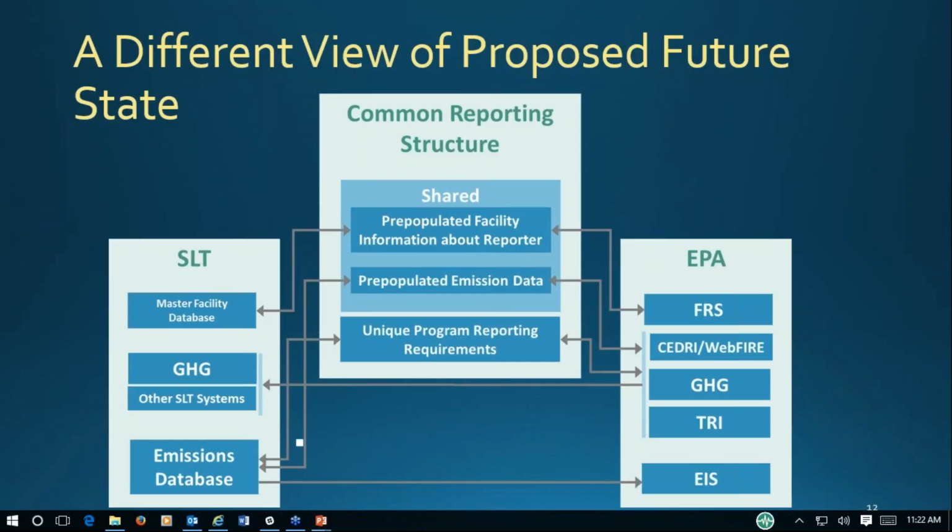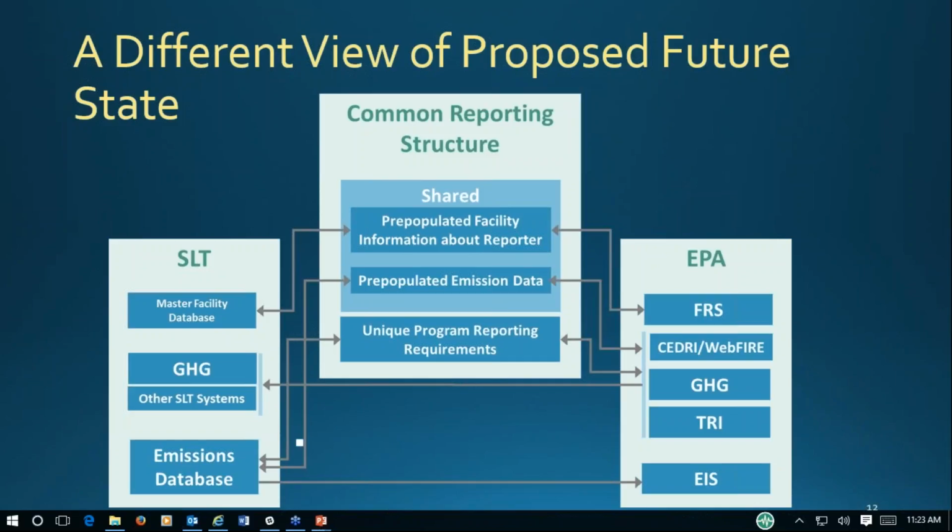So we're going to share between the state, local, and tribes the pre-populated facility information about a direct reporter, and both those three groups and the EPA will be able to go back and forth with that. There's also going to be pre-populated emissions data there that's going to be, again, shared with the regulatory groups as well as the regulated facility who's going to do the reporting.